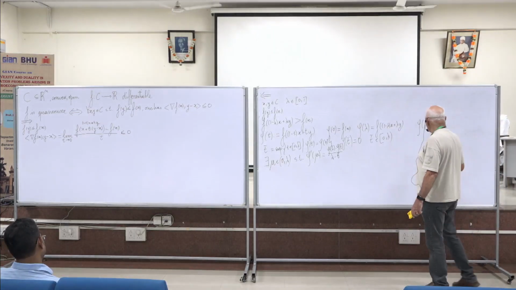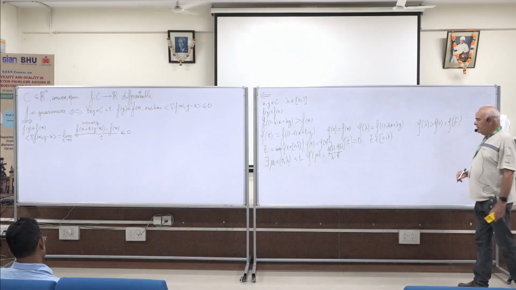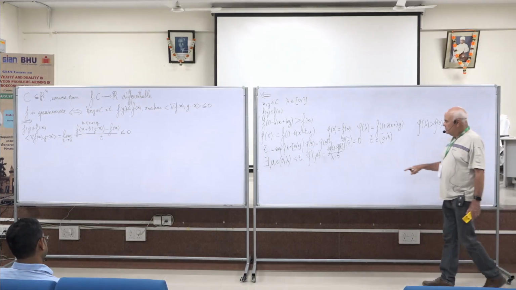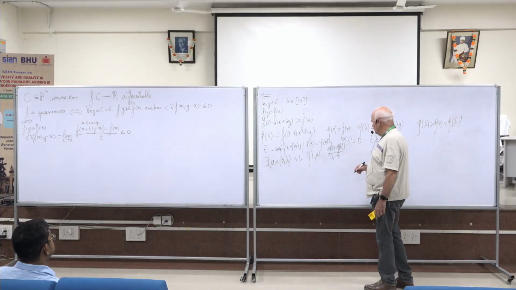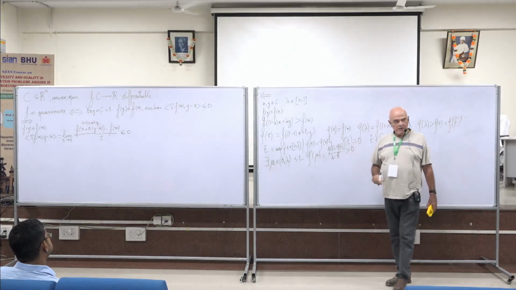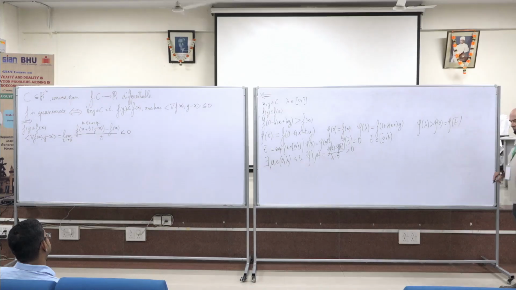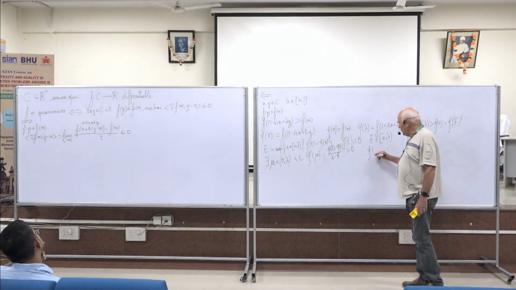And remember that this is phi of t bar. So this difference is strictly positive. Derivative is strictly positive. On the other hand, what can we say about phi of mu?